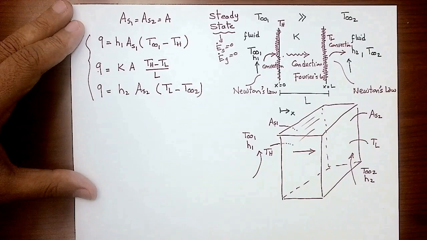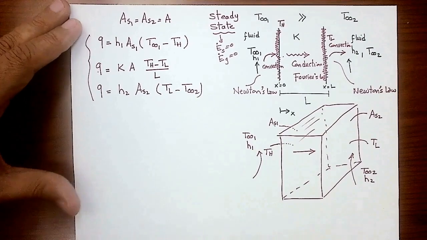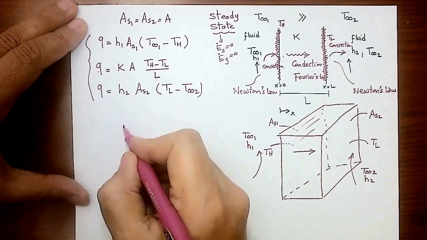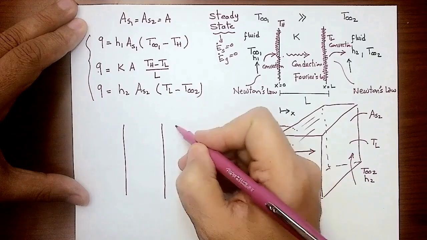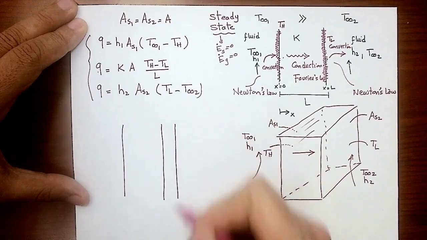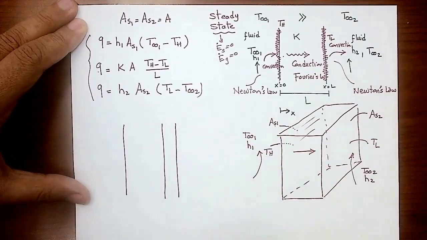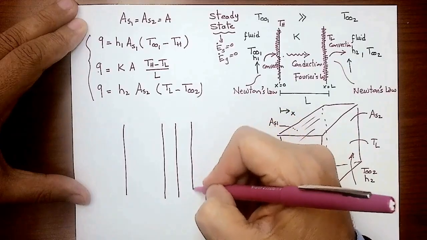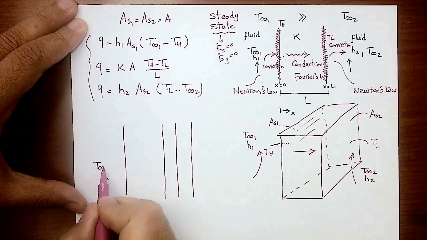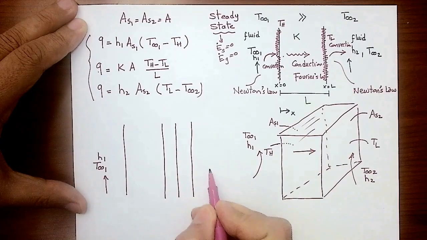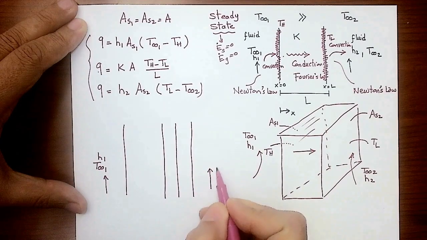So you have to apply this equation multiple times. And I can complicate things. I can actually have your house wall covered by a layer of concrete, then a layer of paint. Then the house inside is exposed to a fluid, and the house outside is exposed to another fluid.